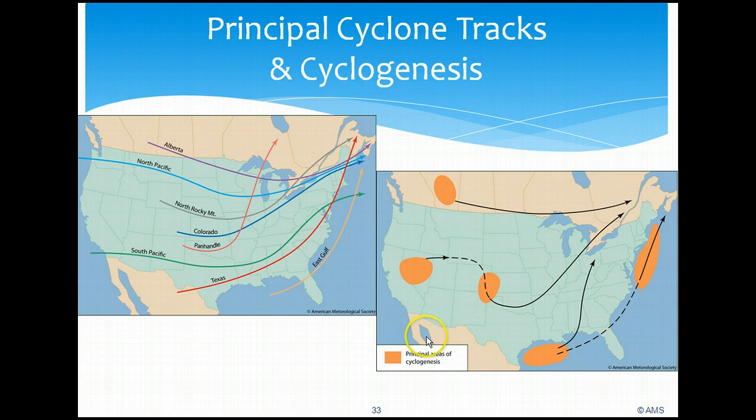This particular diagram shows principal areas of cyclogenesis and associated cyclone tracks. Note that the dashed portions of the tracks represent areas where a low may temporarily lose its identity prior to re-strengthening in the cyclogenesis areas of the coast in this case.